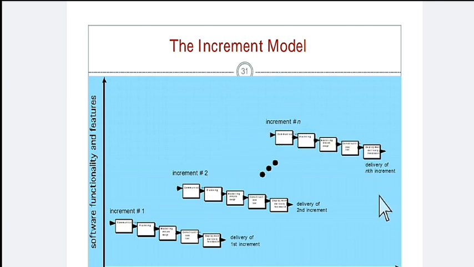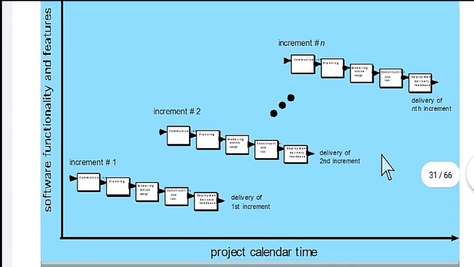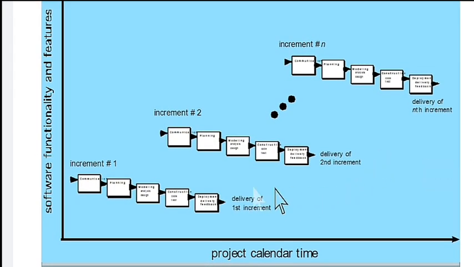So the total project is divided into n modules, and these modules we refer to as increments. From increment 1 to increment n, each increment will follow the waterfall process model. Each of these increments is to be implemented using the waterfall model.